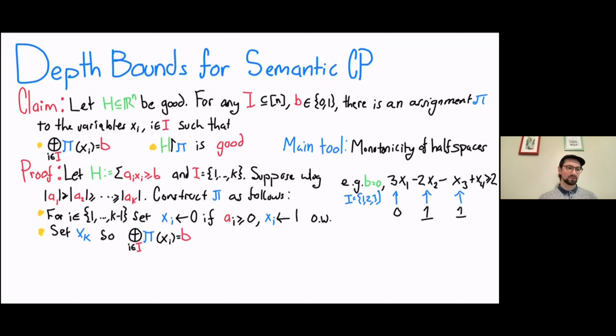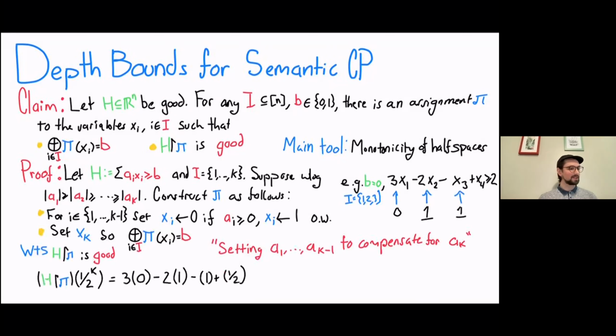And then we just want to verify that this is true. So yeah, we're setting the first k-1 coordinates to compensate for having to set the last one in some direction. And we want to show that the half space is good under this assignment. So I'm going to do it for this example. If we plug in the all a half point, so we fix the first 3 bits, and then the last bit is the only one that's free.